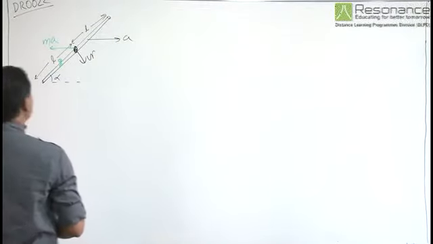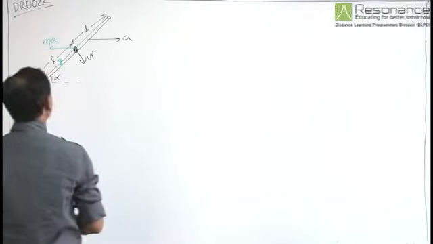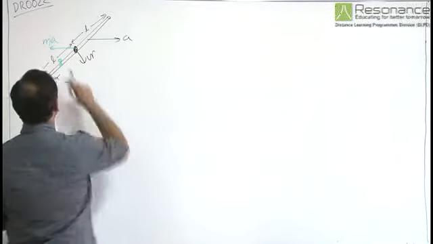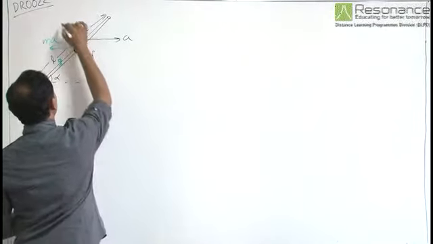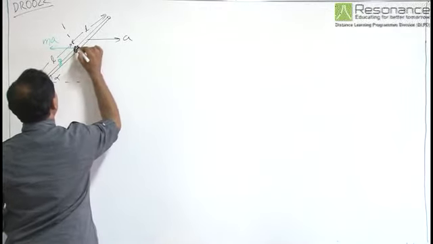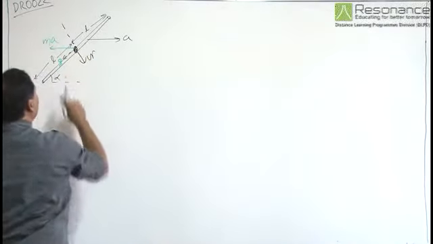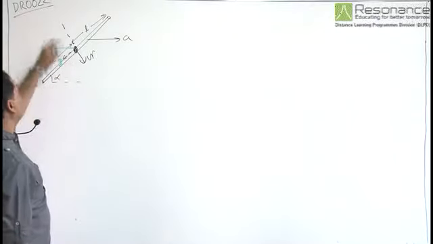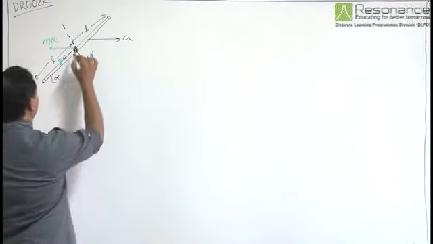So if we consider the net force on this particular bead, then this ma has two components, one along the length of the rod and the other perpendicular to the length of the rod.